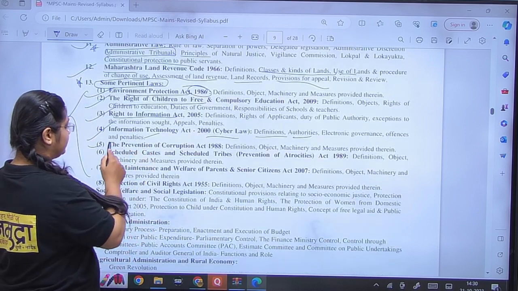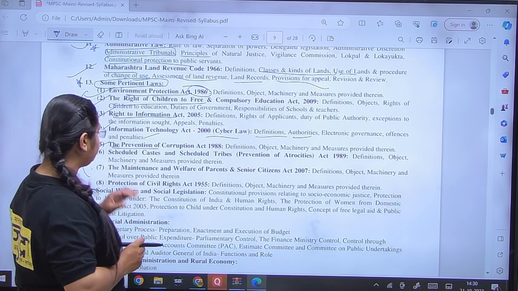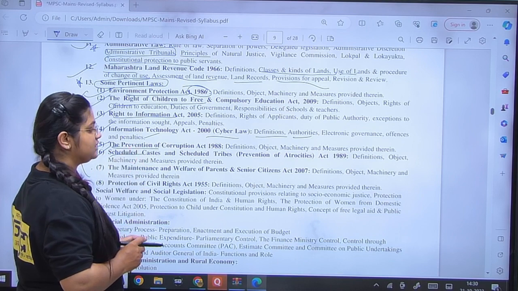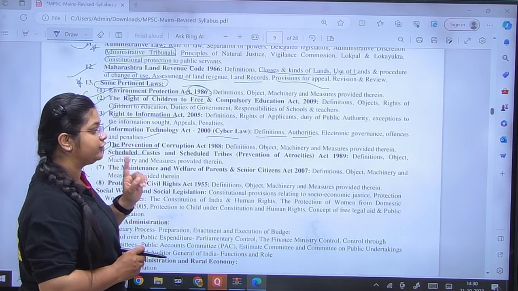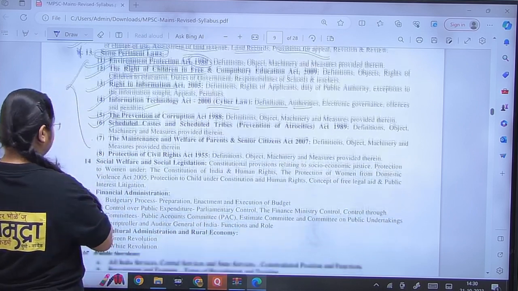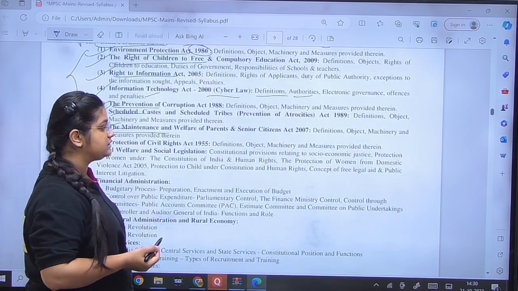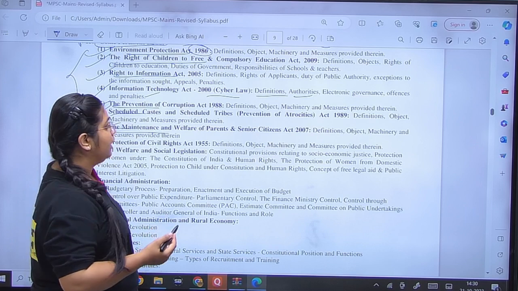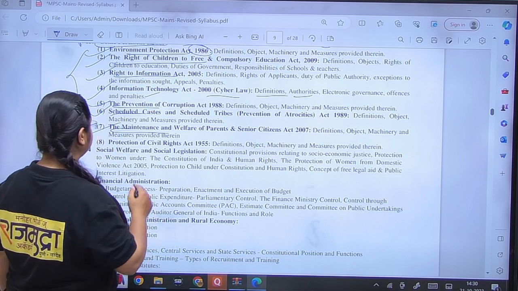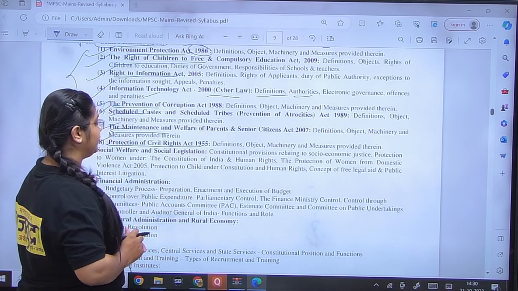Fifth is the Prevention of Corruption Act 1988. Sixth is the Scheduled Caste and Scheduled Tribe Prevention of Atrocities Act 1989. Next is the Maintenance and Welfare of Parents and Senior Citizens Act 2007, and next is the Protection of Civil Rights Act 1955.